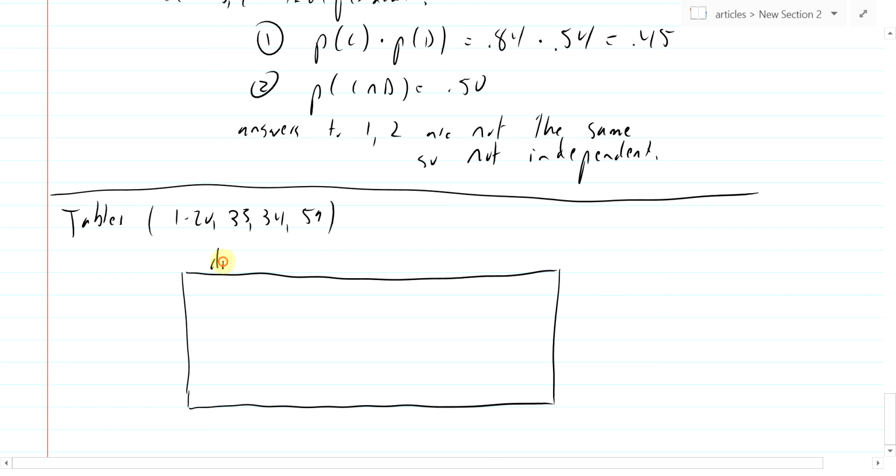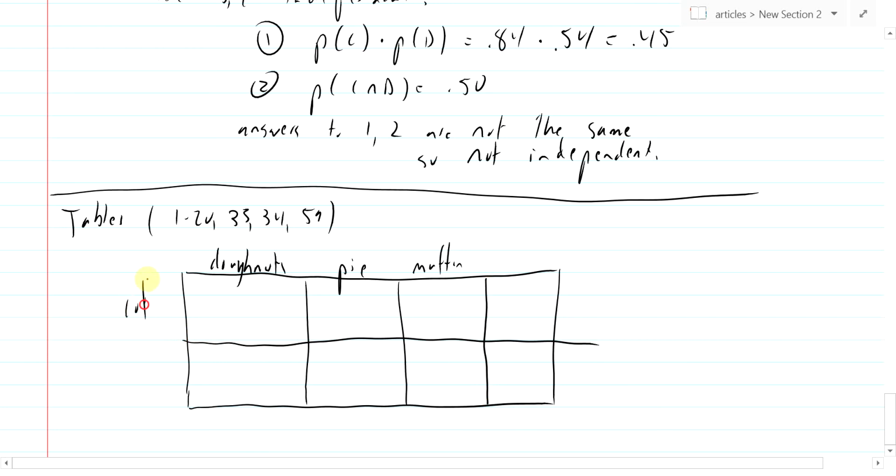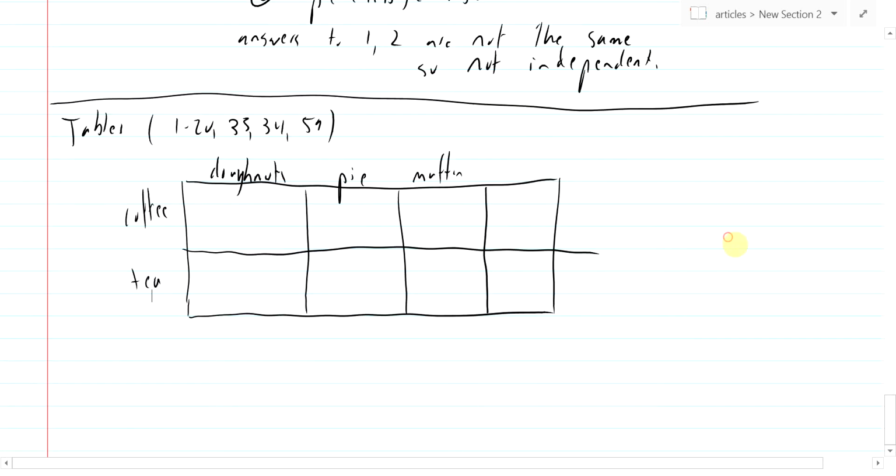So people come in, they can have donuts, they can have pie, or they could have a muffin. And they get either coffee or tea. And we're going to pretend that everybody either gets coffee or tea and either gets donuts, pie, or muffin.